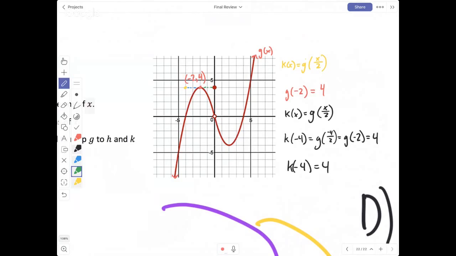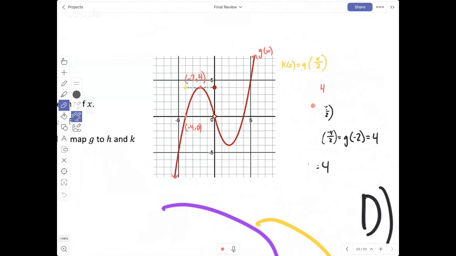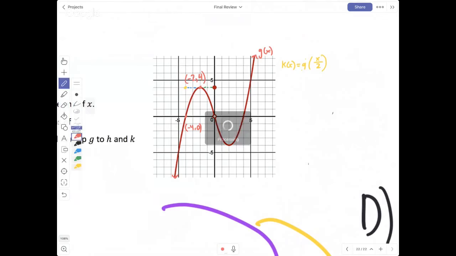Same thing happened here. This point was -4, 0. Again, I can walk myself through the same process. Right? I can prove it to myself functionally, even if I don't know it from a transformational perspective.